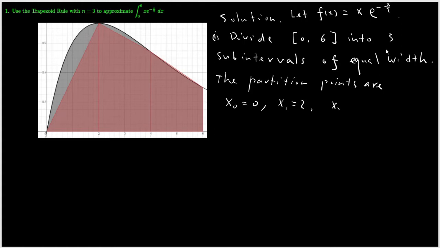And then x2 is 4. And then x3 equals 6, the right end point. We also need the width of the subintervals. The width of the subinterval is denoted using the delta of x. In this particular case, the width is 2, of course.